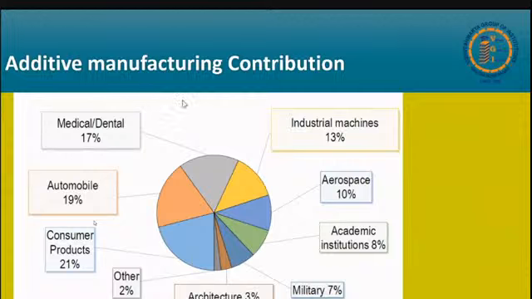Then there are some others, like architecture. There is very little usage in architecture because you will just need a scale model and all. Though now there are some companies which are building actual homes out of 3D printed concrete. Concrete or some kind of mortar is placed basically like an FDM process, but with a very large machine, a large nozzle and special material.